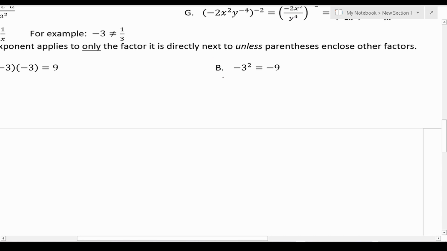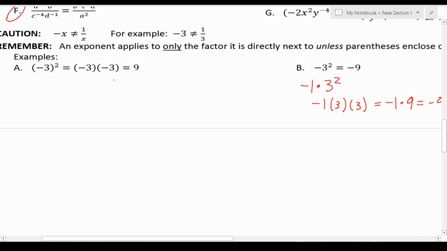That said, if it's written like this, where there is no parentheses, this is the same as -1 times 3 squared. So this is the same as -1 times 3 times 3, which is the same as -1 times 9, which is -9.